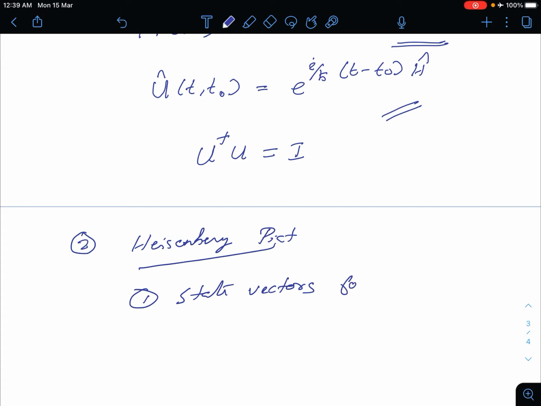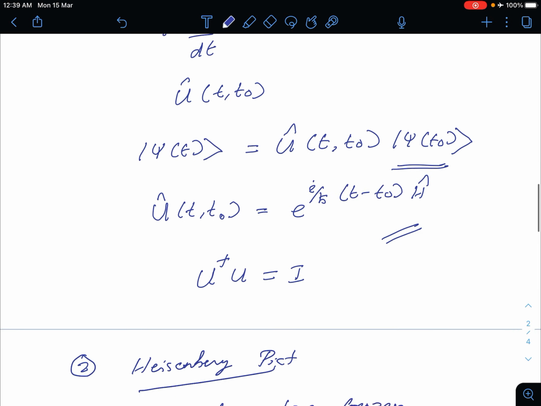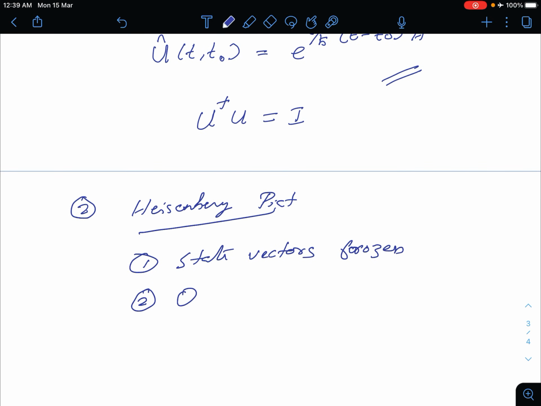The second property is that here the operators depend upon time explicitly. So that is the Heisenberg picture.